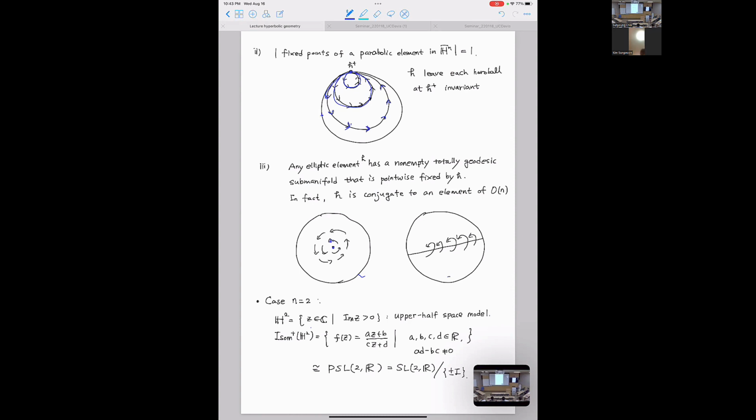Then the orientation preserving isometry group of H2 is given by Möbius transformations, as you know. So PSL2R is the orientation preserving isometry group of H2.